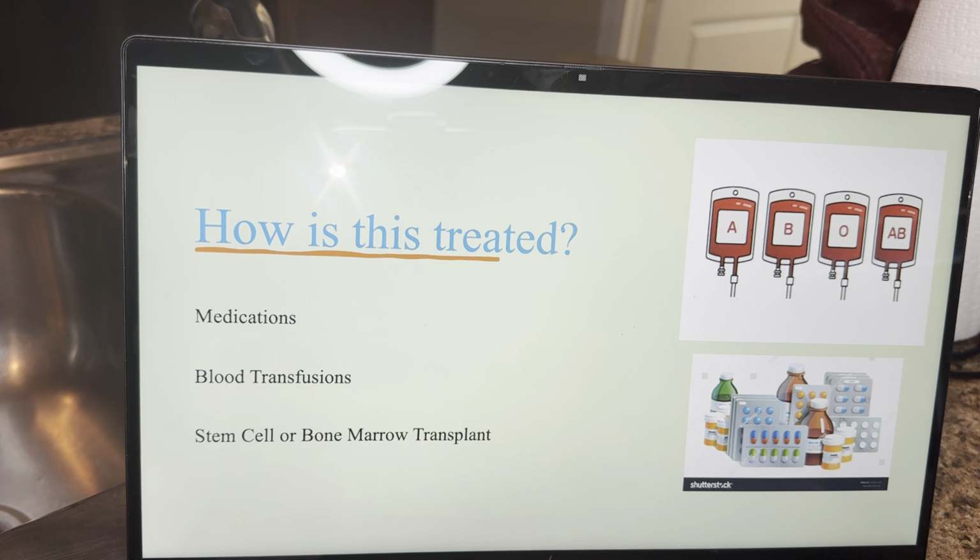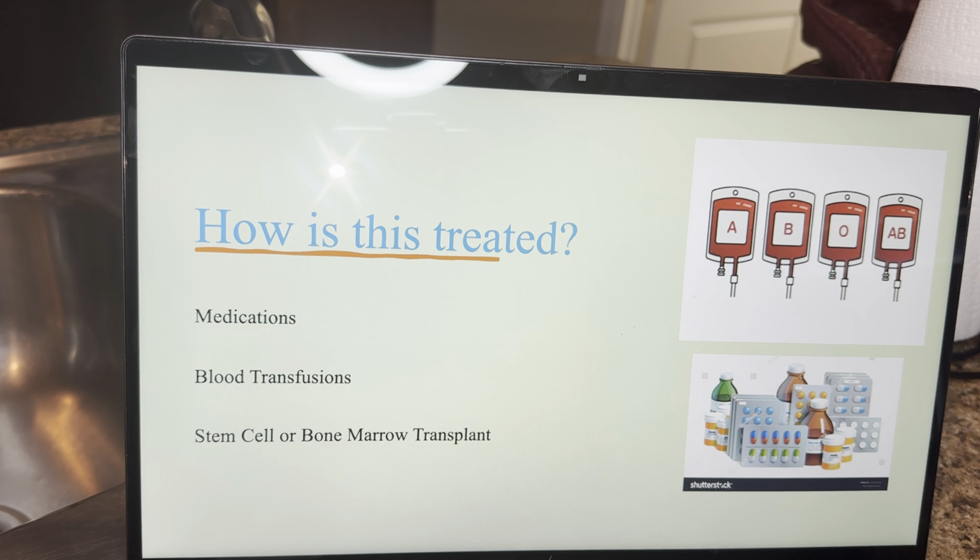Also, there are blood transfusions, and these blood transfusions can really help patients dealing with sickle cell, because it's able to give them healthy red blood cells and make up for that lack of healthy red blood cells circulating within them.